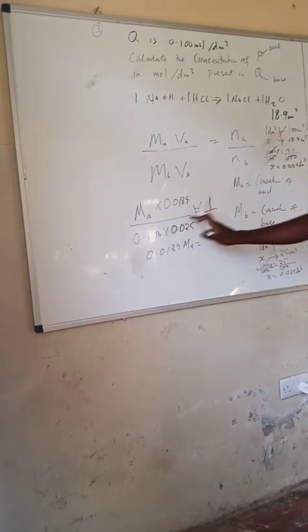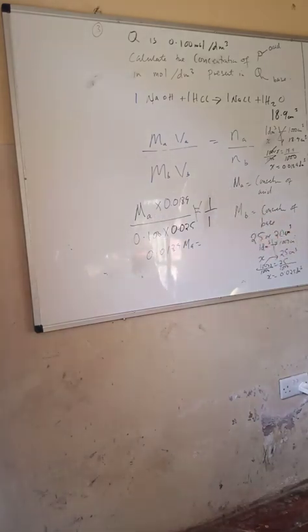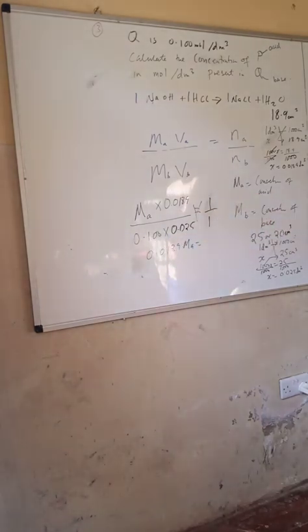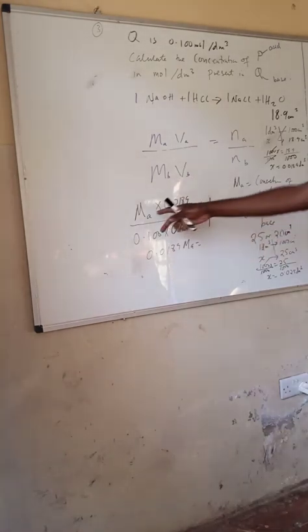You multiply this times 1. I think you know how to do this. I'll use a shortcut so that you're able to do it. If you are doing mathematics, this should be easy for you. This is just mathematics. So you are making MA the subject.